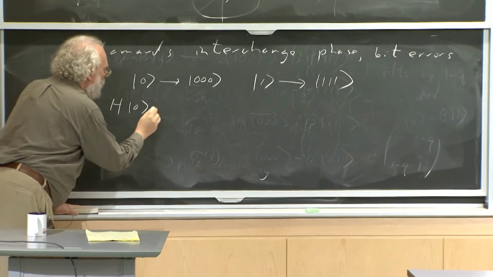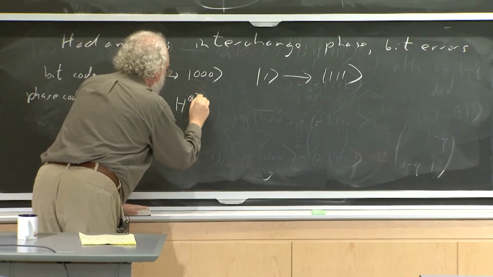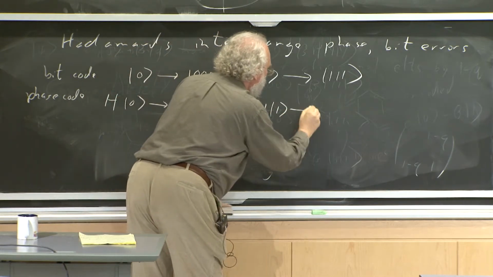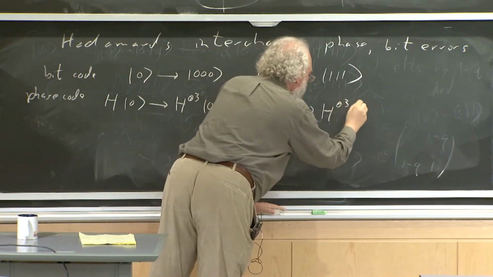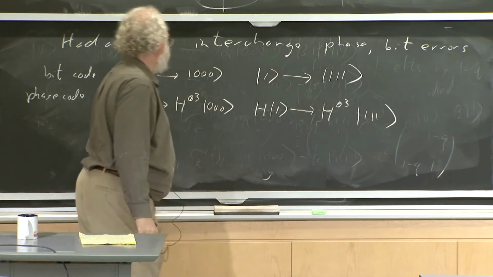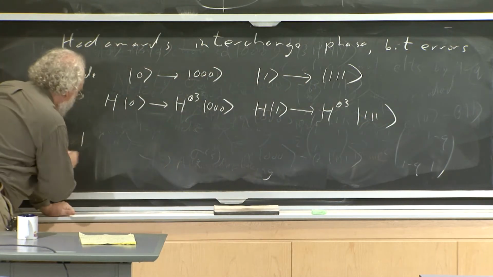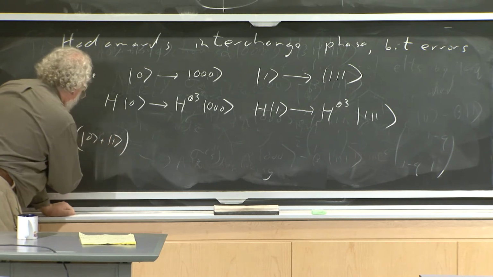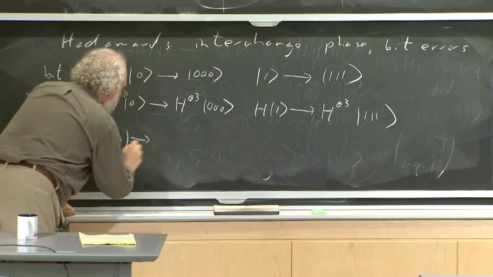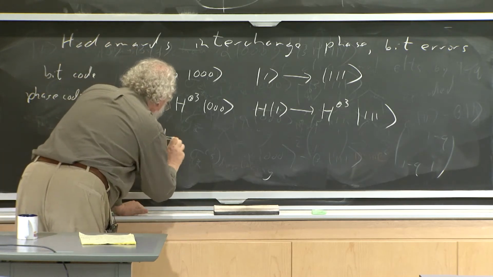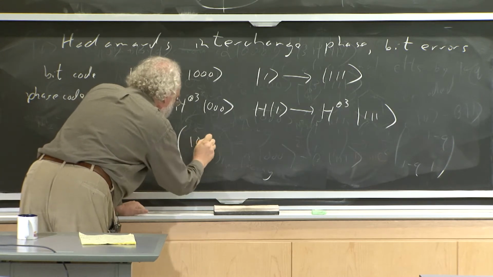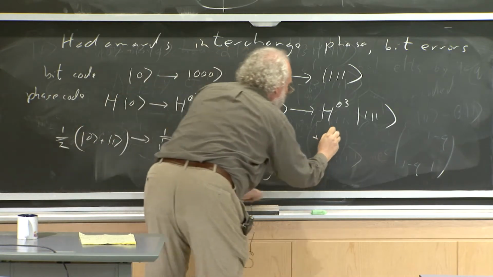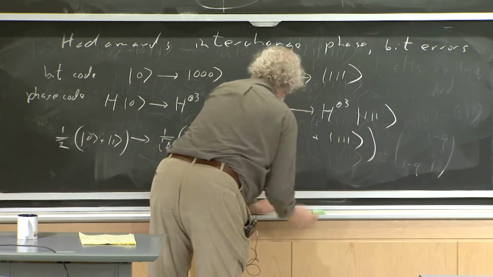It's going to take 0 to H cubed on 0,0,0, and 1 to H cubed on 1,1,1. And this is just 0 plus 1 over root 2 goes to 1 over root 8 of 0,0,0 plus 0,0,1 plus dot dot dot plus 1,1,1.